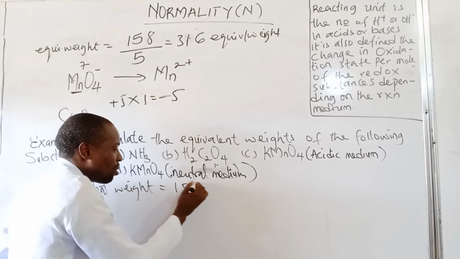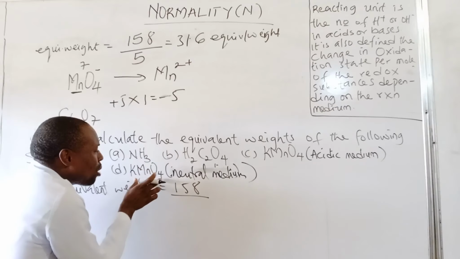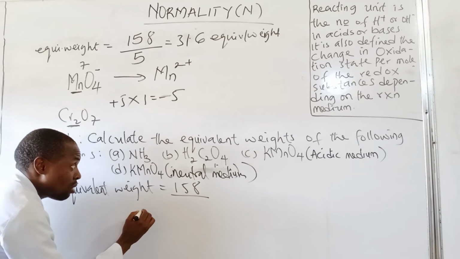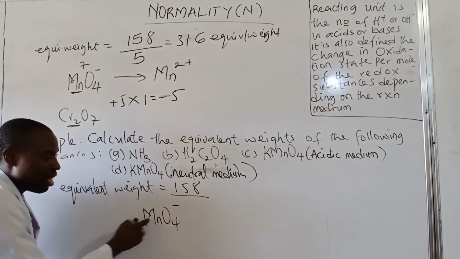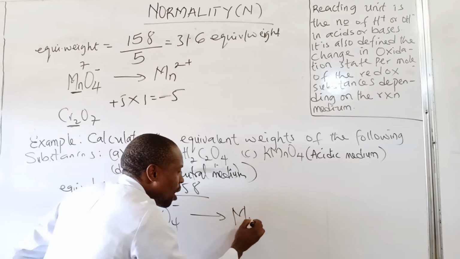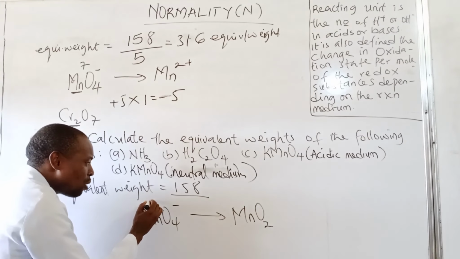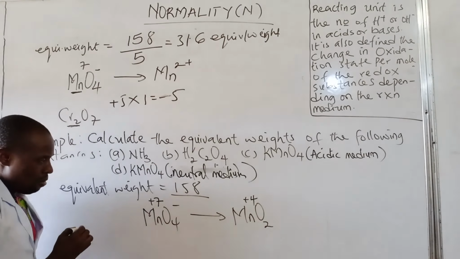This one is 158 divided by, now we move. Potassium permanganate here goes from permanganate to MnO2. That is how it is. So that here is from +7 to +4.